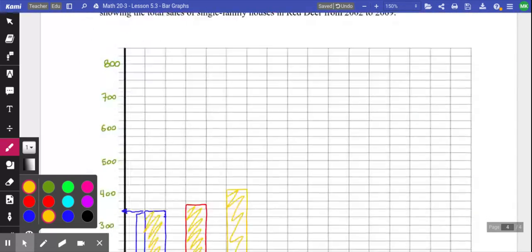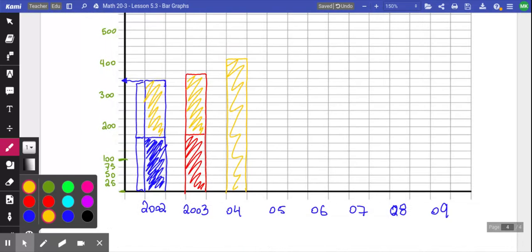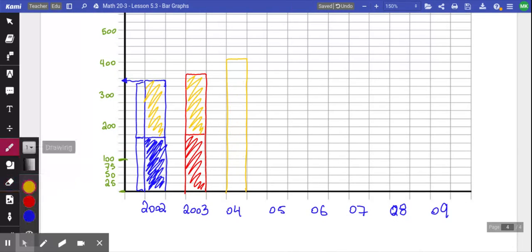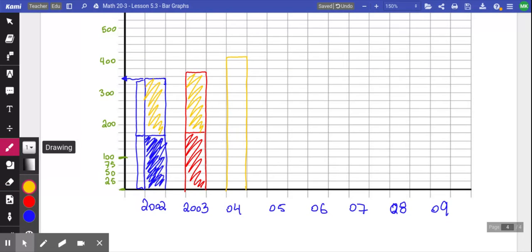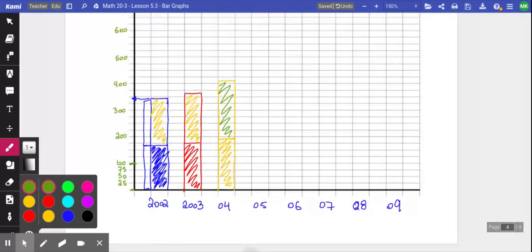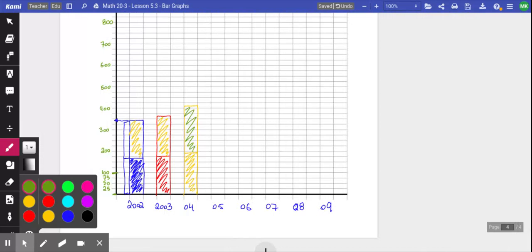So 2004, it was 194 and 219. So 194 means that my bar should go right about here, just underneath 200. And that gives me my resale on the bottom. And then I can put my new homes on the top. And that makes it a stacked bar graph.